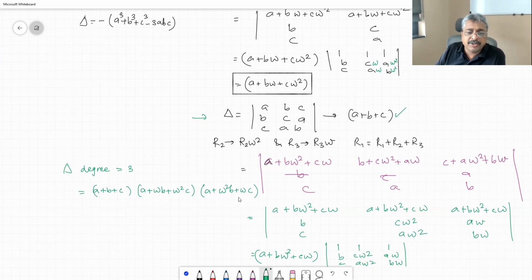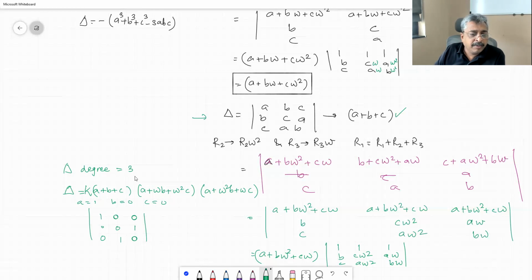And then the only thing required now is to find the constant multiple K, so that this is equal to delta. For that, you put A equal to 1, B equal to 0, C equal to 0. So you will get a very simple determinant: 1, 0, 0, 0, 0, 1, 0, 1, 0. If you substitute these, we will get the constant very quickly.